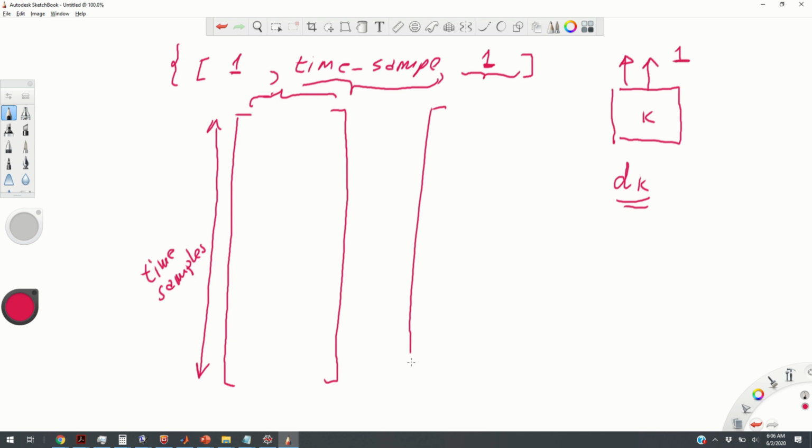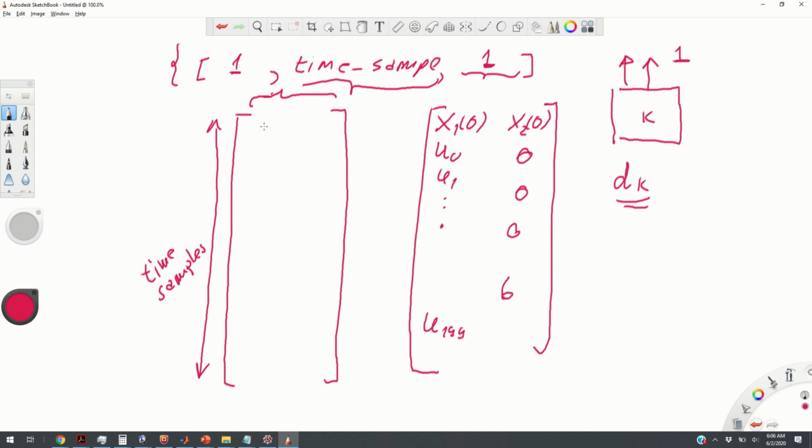Now, remember how the inputs were organized. And these are zeros. This means that once we present an initial state to the network, the network should give us as the output the first state space variable.